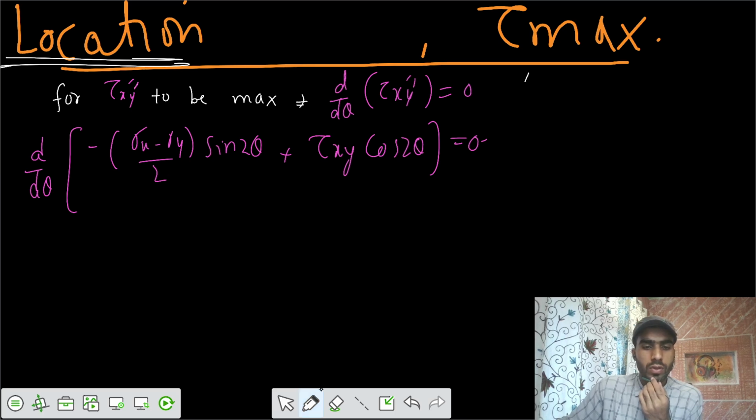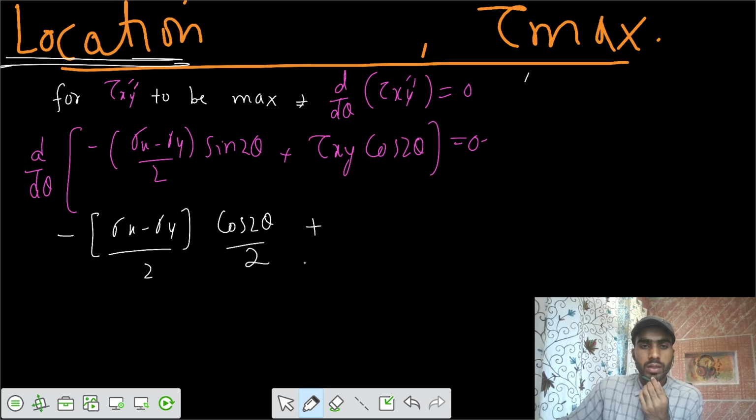So you solve it. We can write minus times sigma x minus sigma y by 2. Differentiation of sine 2 theta is cos 2 theta times 2, plus tau xy, and minus times sine 2 theta times 2, equals 0.